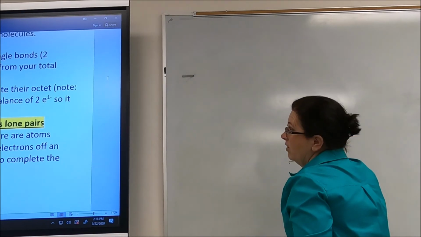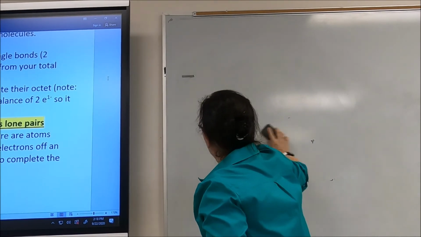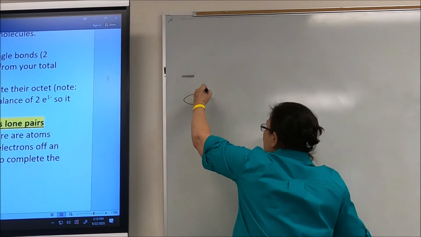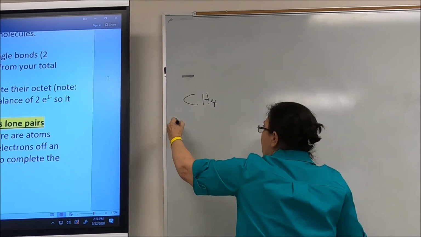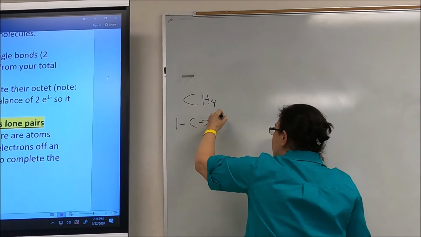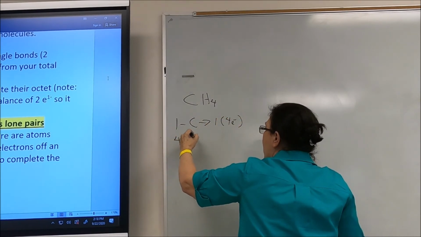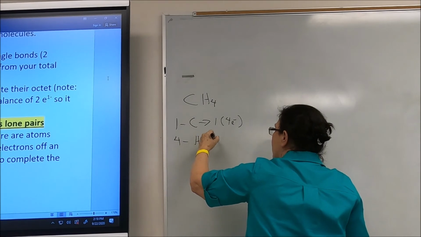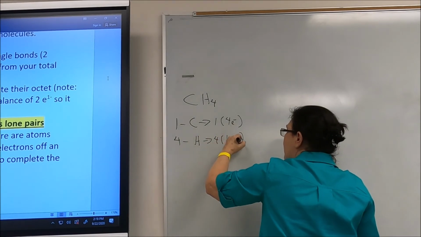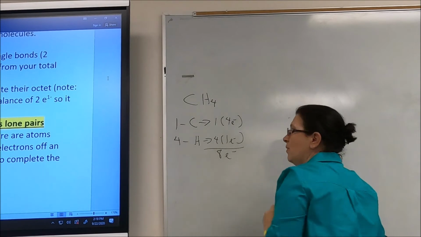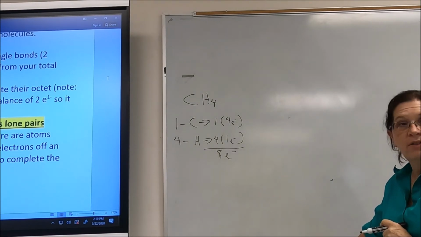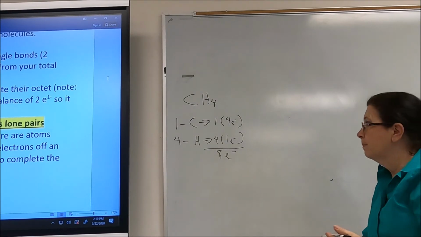We're going to start out with something simple. We're going to start out with CH4. I have one carbon that has 4 valence electrons, and I have 4 hydrogens at 1 valence electron apiece. So we've got 8 valence electrons to build our molecule.